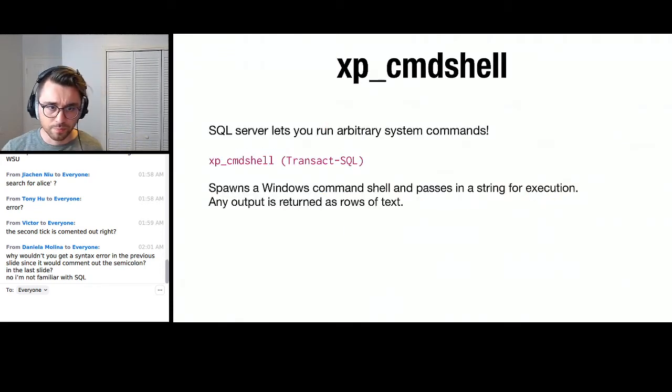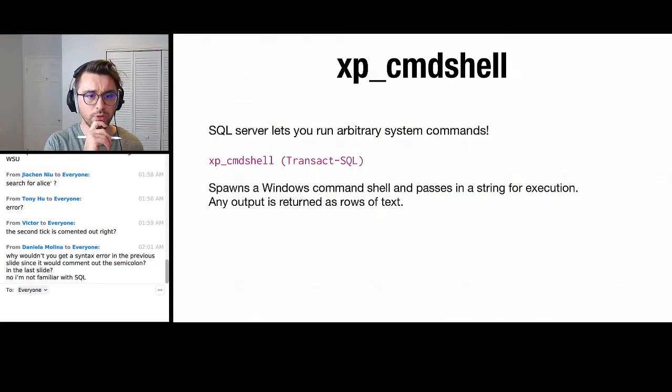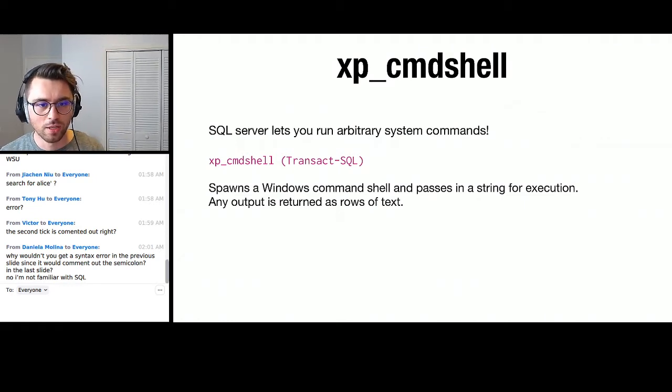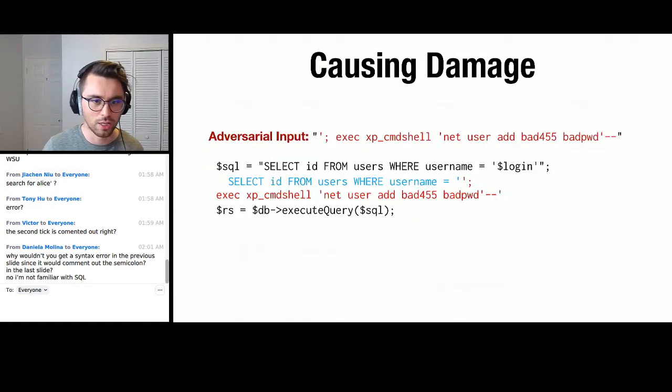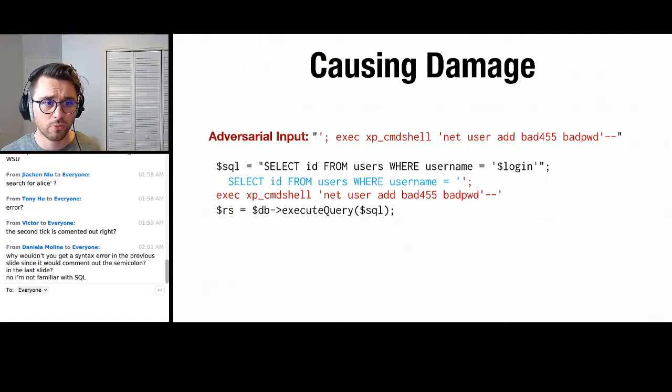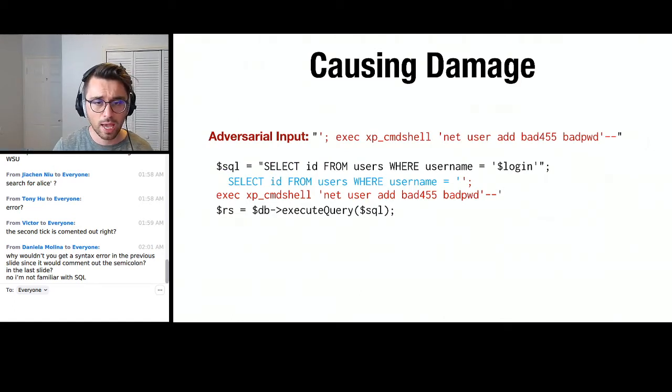The last example that I want to go through shows how you can use things like xp_cmdshell, which is a thing that SQL servers have that lets you spawn shells and pass strings to the shell. The way we can turn our SQL injection vulnerability into a command line injection attack is we again terminate that string.